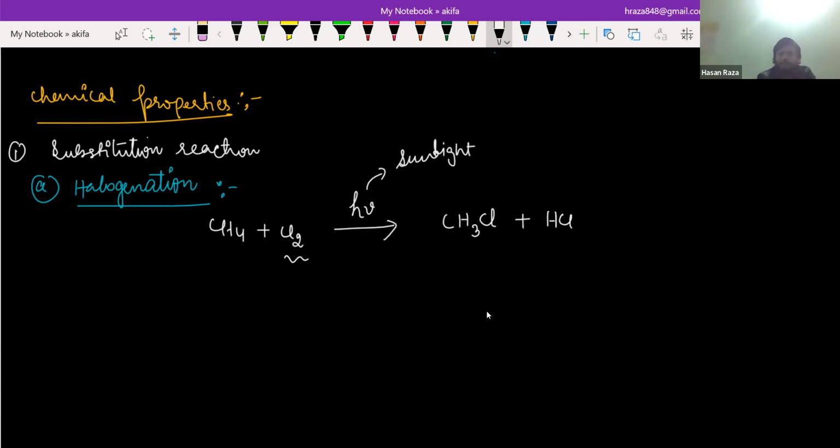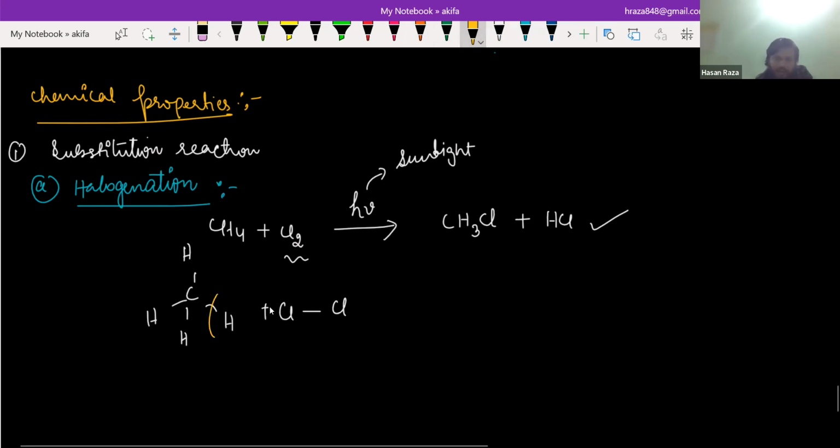Carbon always forms 4 bonds, so it will maintain its bonds. So when a bond breaks, one goes here and one makes a bond from here, and it will be CH3Cl.